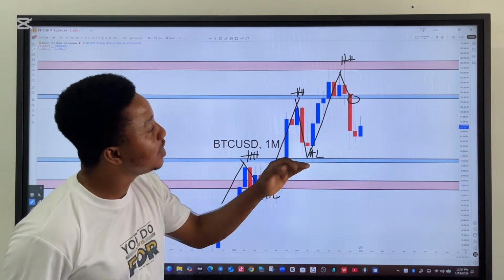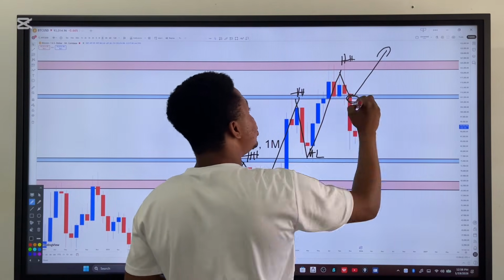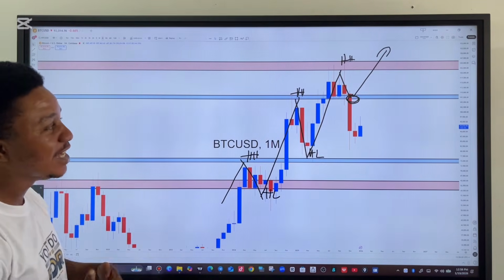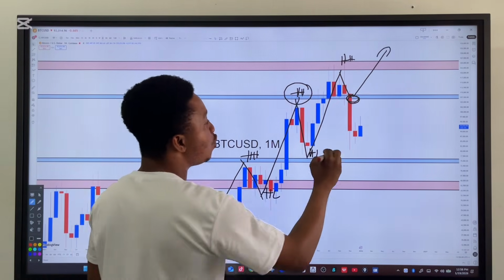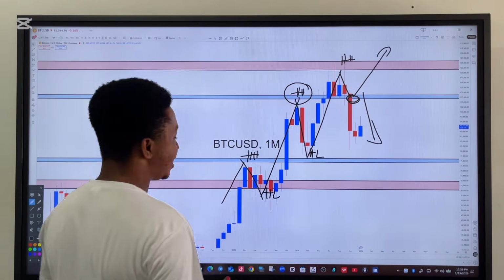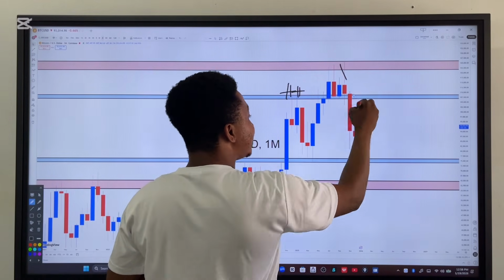But after the completion of the next higher low here on the monthly, it failed to continue the push to the upside. Instead, sellers were very strong and they broke below this previous lower low to the downside. So they break below this previous higher high to the downside.